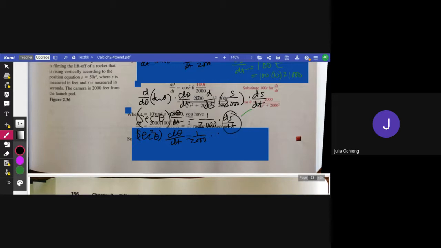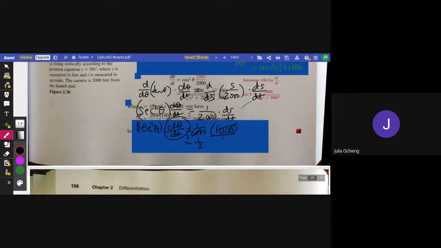And remember, dS over dt ended up being 1,000. Okay, so this is going to reduce to 1,000 over 1 times this. It's going to reduce to 1/2. I'm solving for d theta over dt, so let's pull this over here.